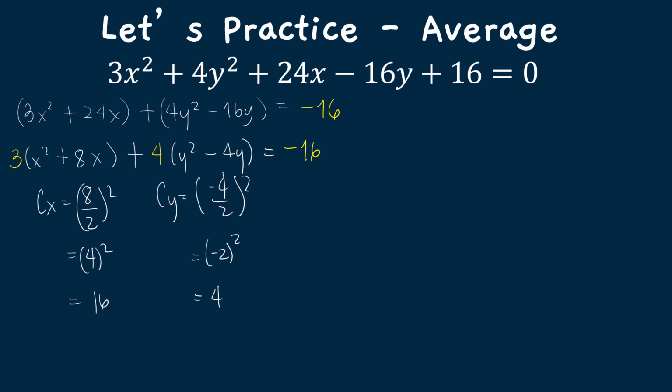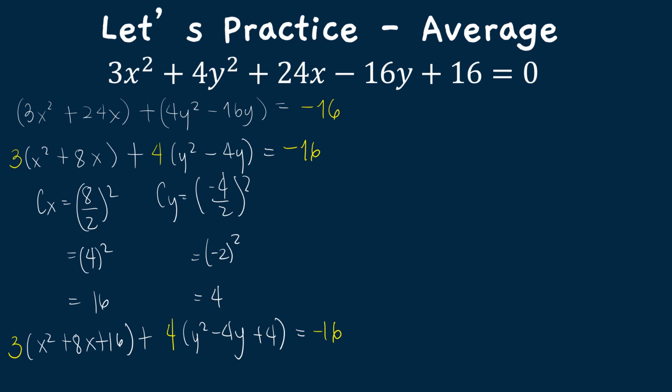So it would be x squared plus 8x plus 16, and you have y squared minus 4y plus 4, and it is equal to negative 16. But don't forget to write the constant, and then you should add the product of the coefficient outside and the value of c sub x and c sub y.